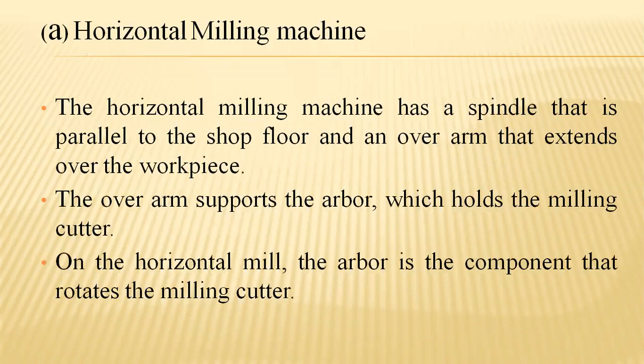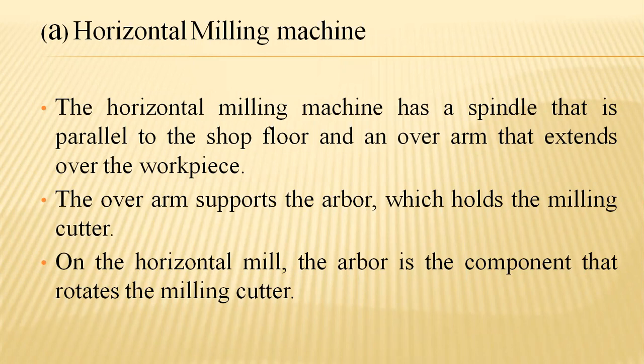Coming to the horizontal milling machine, this has a spindle which is parallel to the shop floor and is worked upon extension over the workpiece. Nominally, the arbor holds the milling cutter, and horizontal movements are commenced by this work part, and the arbor component rotates with the milling cutter at a constant speed.